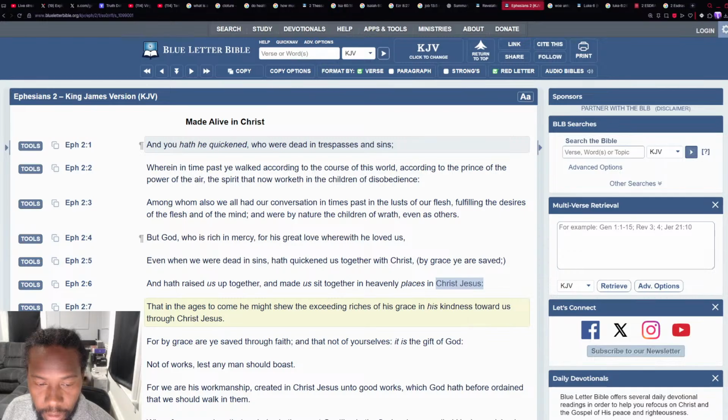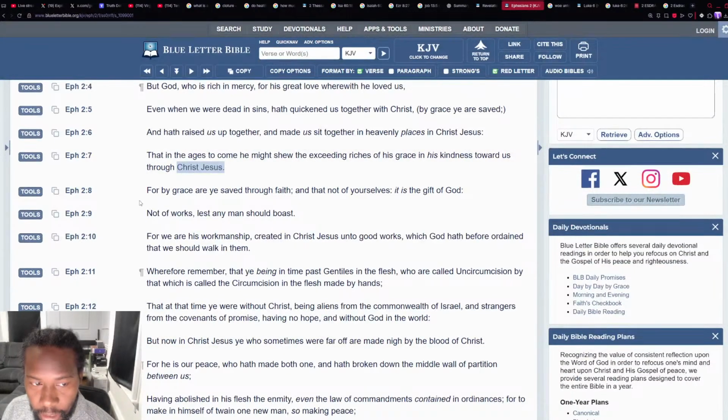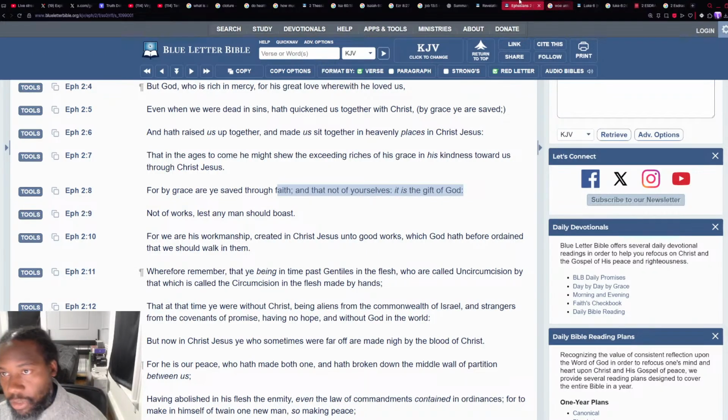Ephesians 2 and 7, that in the ages to come he might show the exceeding riches of his grace and his kindness toward us through Yahweh Shah HaMashiach, the exceeding grace and riches. Ephesians 2 and 8, for by grace are ye saved through faith, and that not of yourselves, it is the gift of God. So that's how we come into this truth. It's a gift.